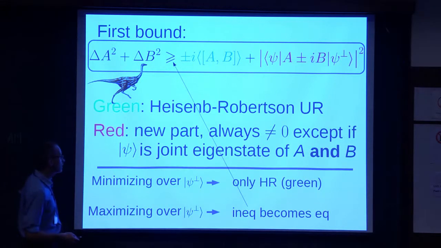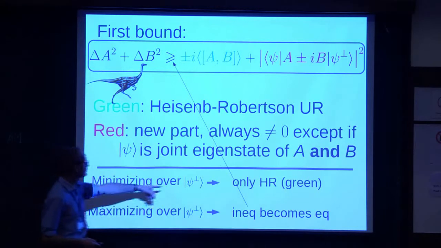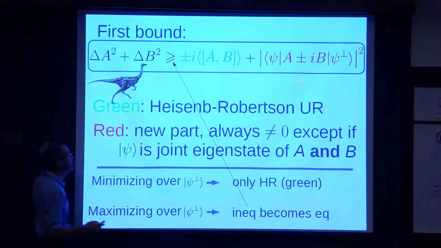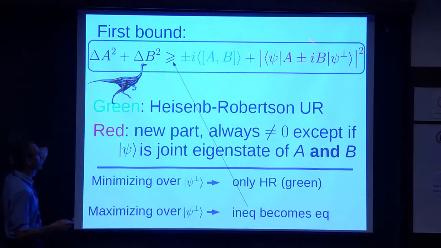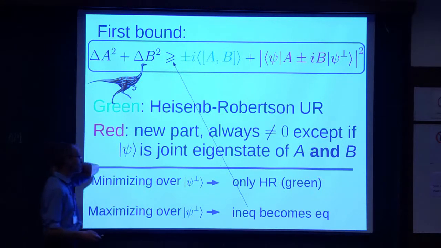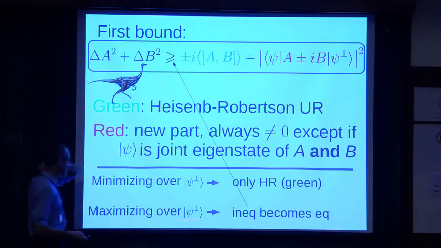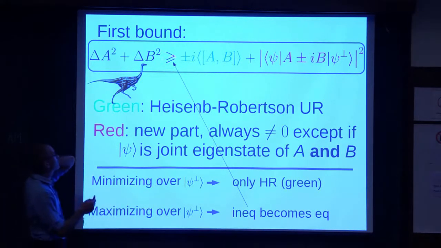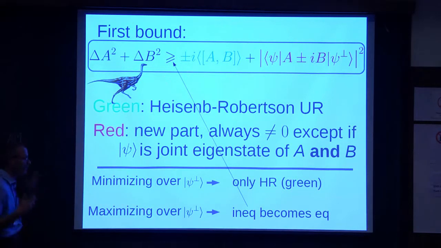Okay? So, of course, we can think of minimizing over psi perpendicular. This means that this red part is zero. If we minimize over psi perpendicular, we can always put this to zero, and so we're left with the Heisenberg-Robertson one, the green part. Or we can maximize over psi perpendicular, and then we show that if we maximize over all possible psi perpendicular, this inequality becomes an equality.